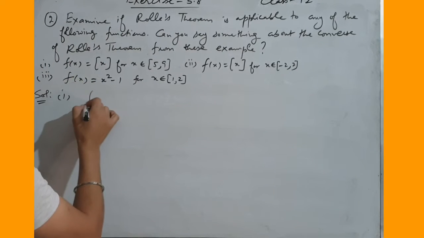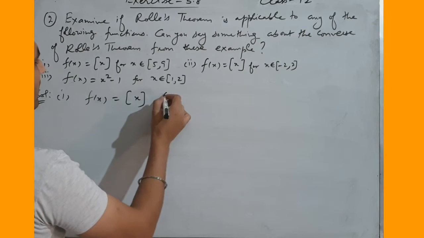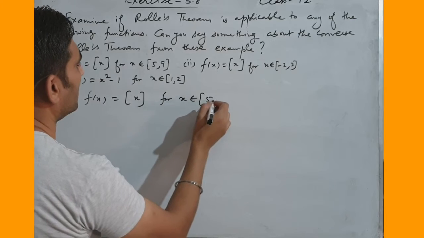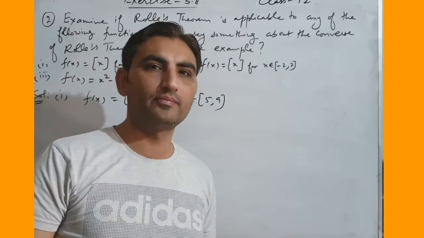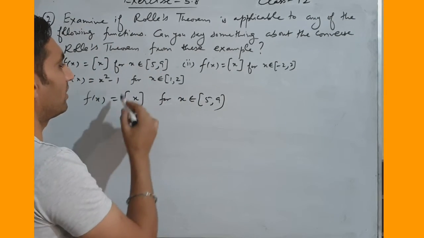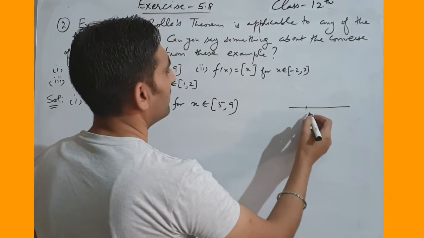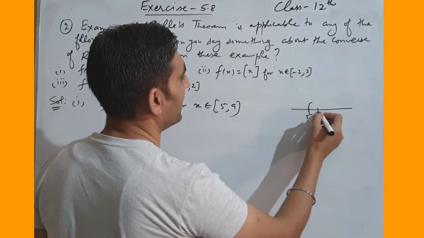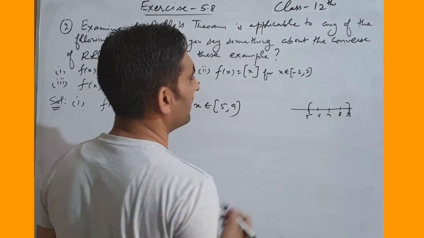So part 1 is f(x) equal to the greatest integer of x, for x belongs to the closed interval [5, 9]. Students, here I want to make it very clear. Greatest integer functions on proper values, like on integers: here we have the closed interval 5 to 9, 5, 6, 7, 8, 9, all are included.